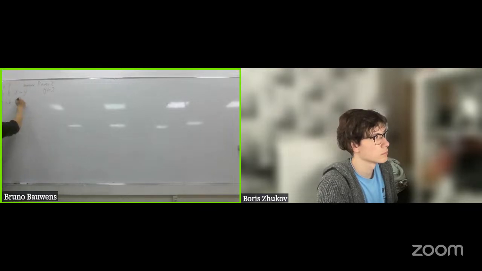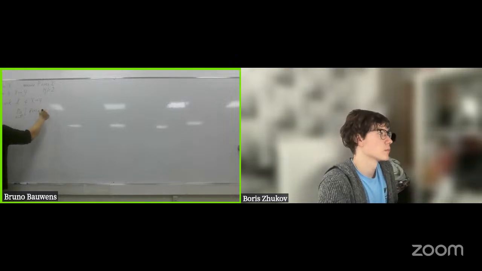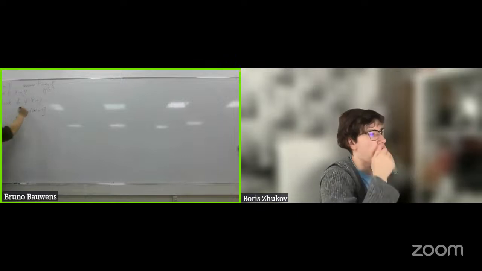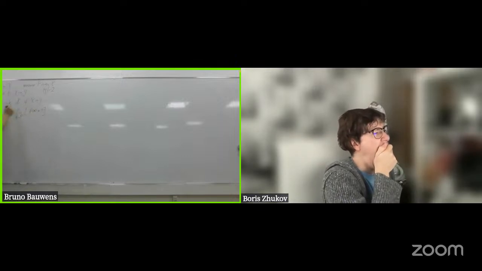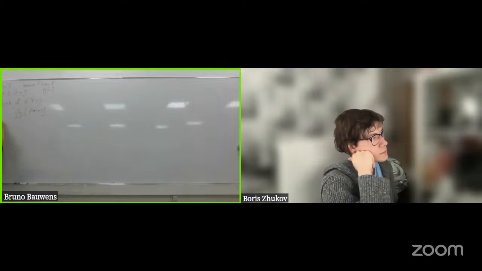The risk of a classifier f is just the probability, when we sample an input from P, that f of X is different from Y. This is the simplest risk for binary classification.